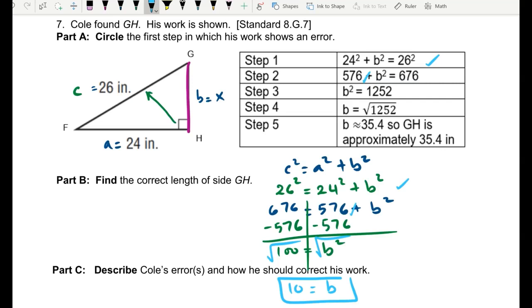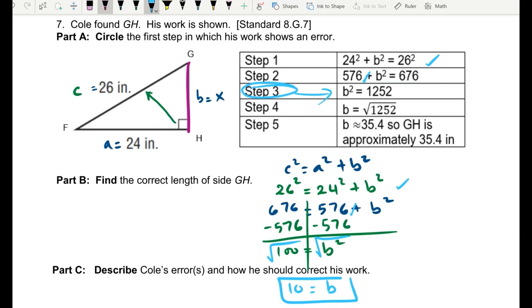They actually added 576 plus 676. So this is wrong. Step 3 was wrong. For part A, circle the first step. Part B, find the correct length of GH, so GH is 10. We're done with part B.